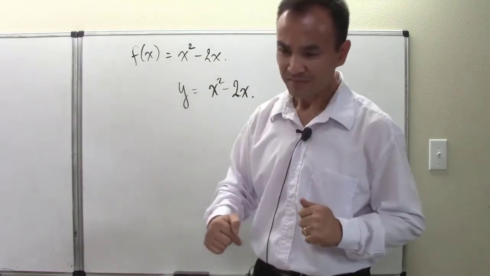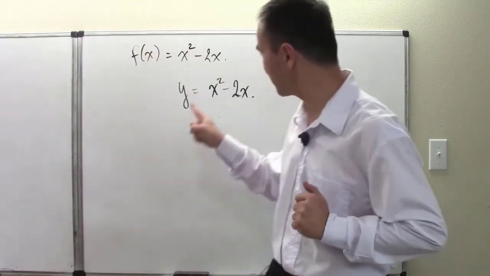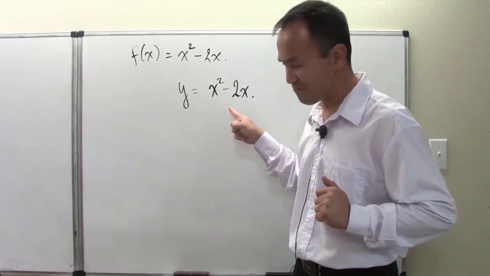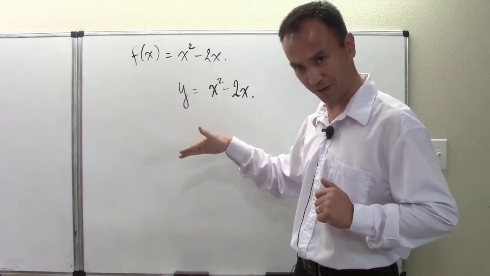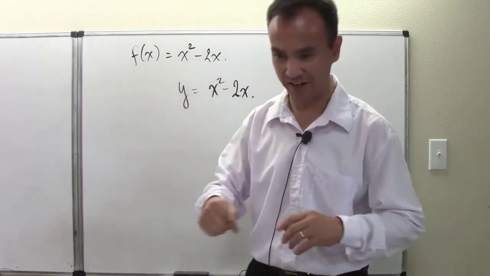Okay, so the same example 2, the same graph for this function y equals x squared minus 2x. Remember we built a table of values. In case you want to see the table of values with the TI-83 and 84, this is how it looks.